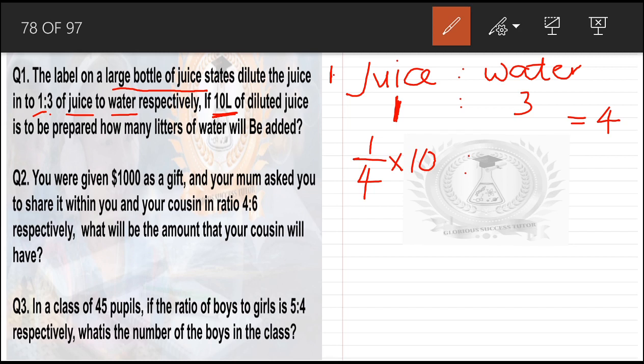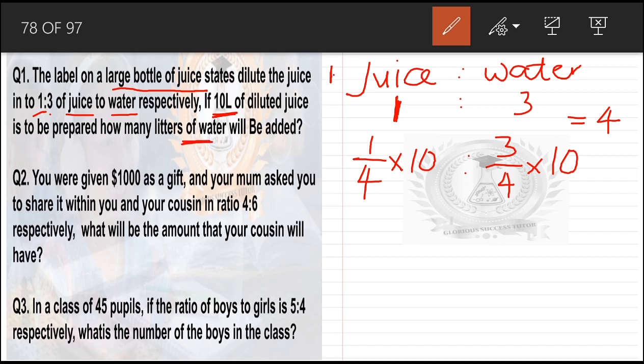For the second one, which is water, 3 over 4, multiplied by the total volume, which is 10. Do you understand this step now? So that's how to go with the question. Very simple.